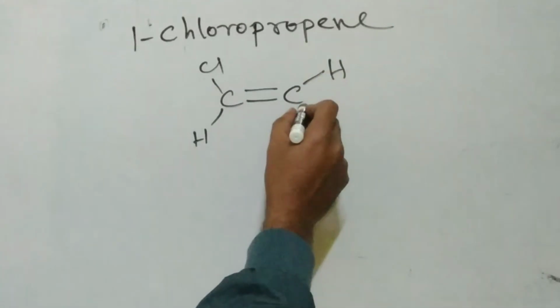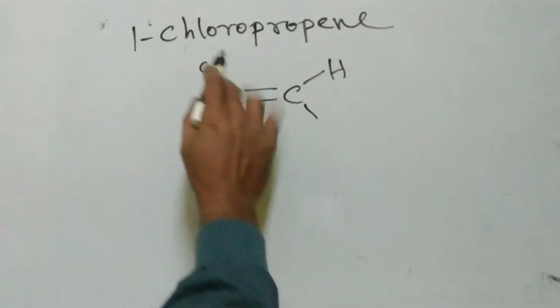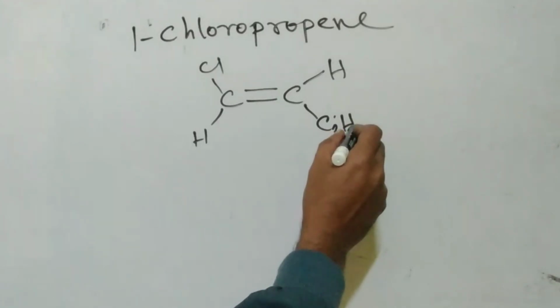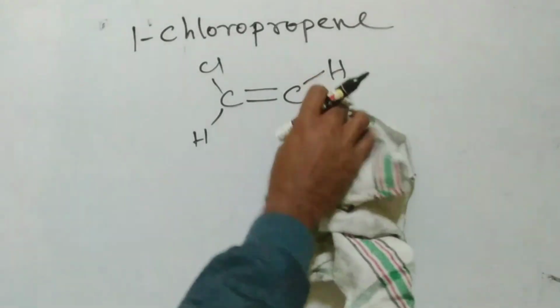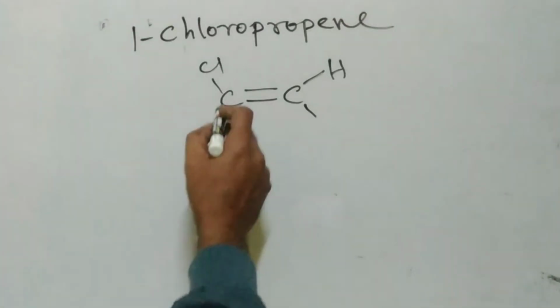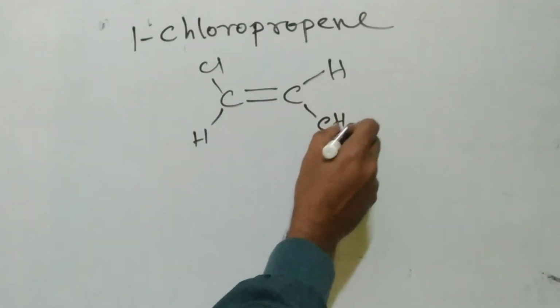So here hydrogen, and then the other C3H7. Oh, this is propene, sorry, this is propene. So only 3 carbon, 1, 2, and here CH3.